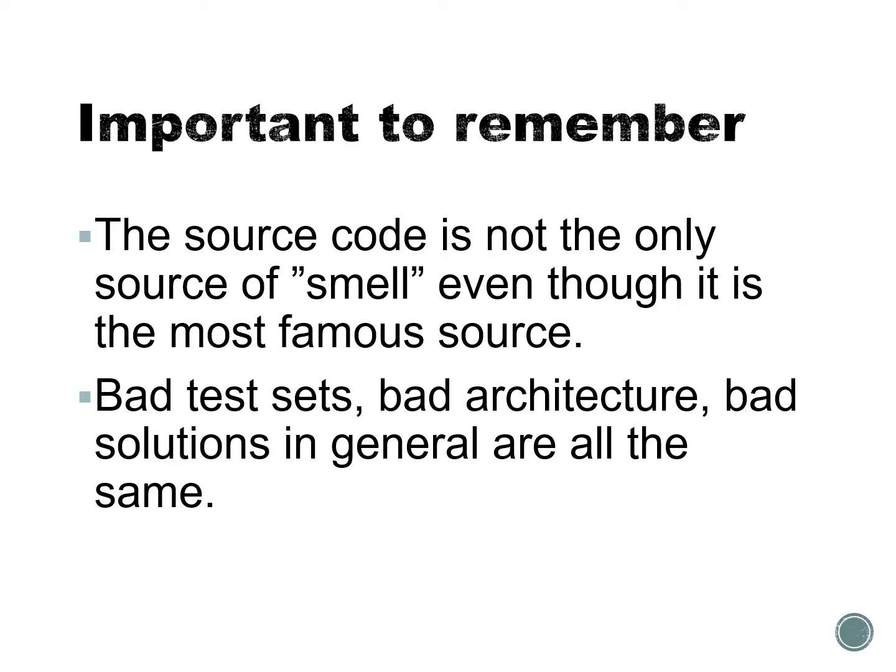Because bad test sets, bad test automation, unmaintained documentation, bad architecture, weak software process, undefined requirements, bad solutions in general are all causing the same problems. They cause us technical debt, they cause the project to cut corners, they cause implementation errors or miscommunications, which mean that different things don't behave like they should.